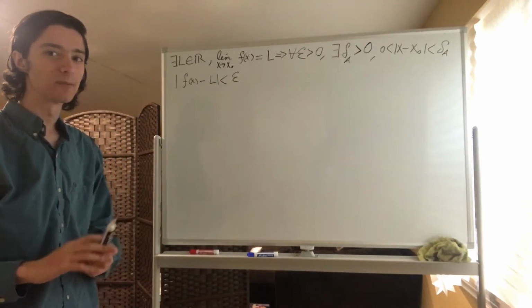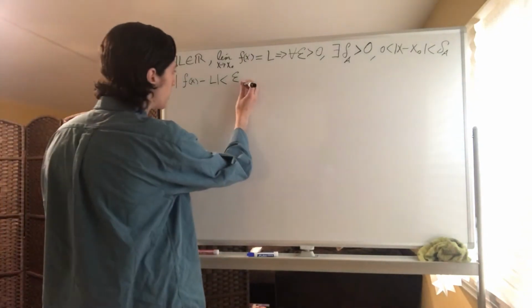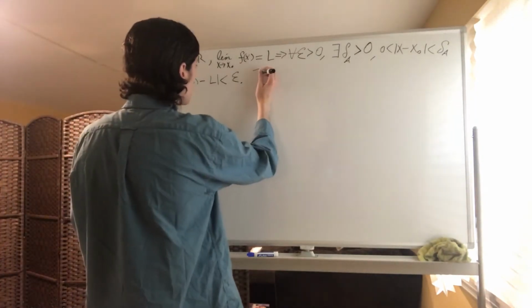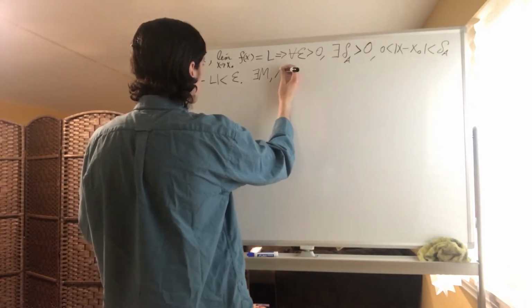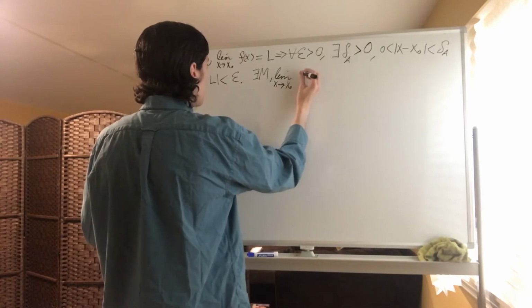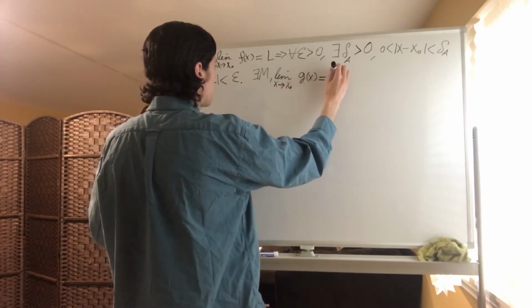We can do the same for our g of x. So I'll put a period right here, to indicate that we're done with this idea. So there also exists an m, such that the limit as x approaches x naught of g of x is equal to m.